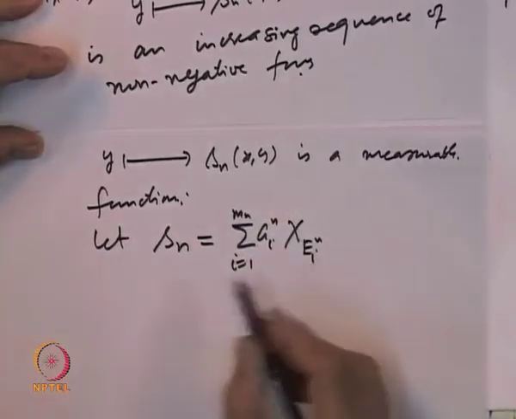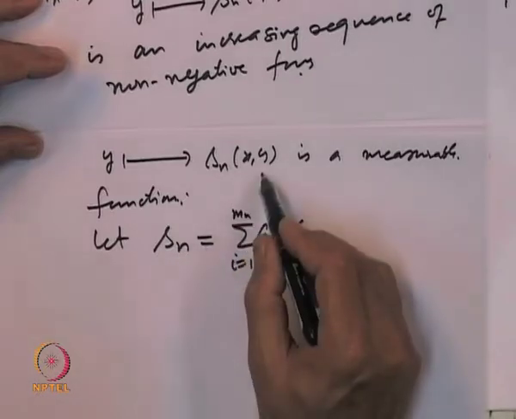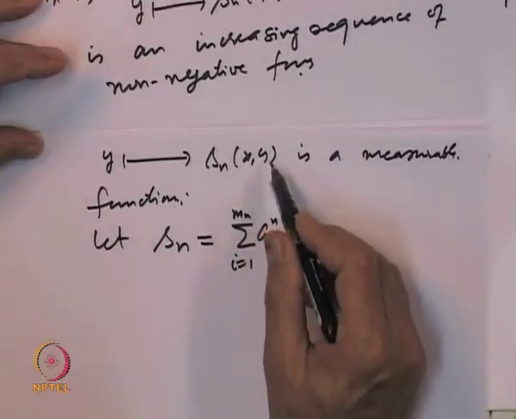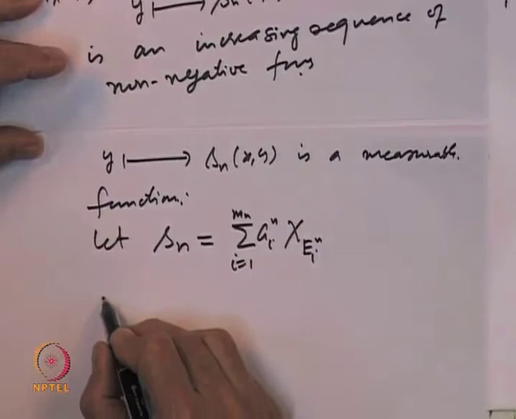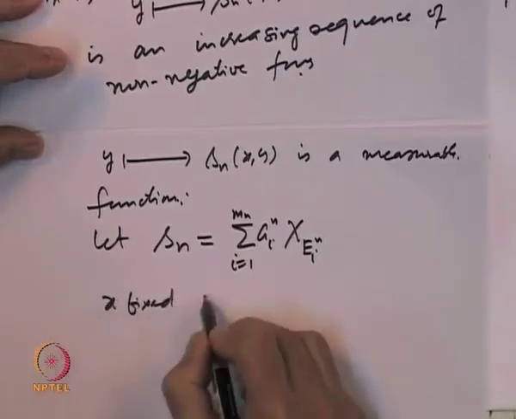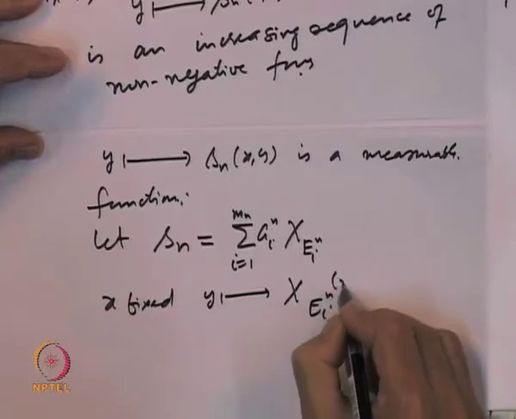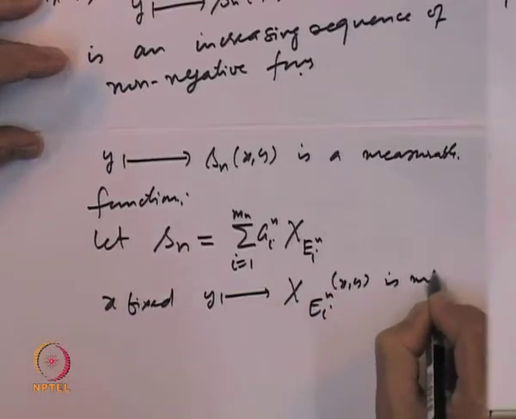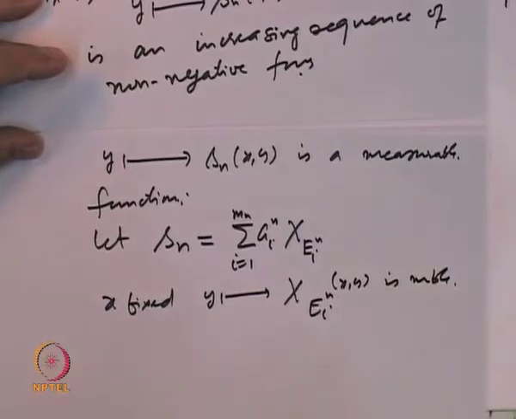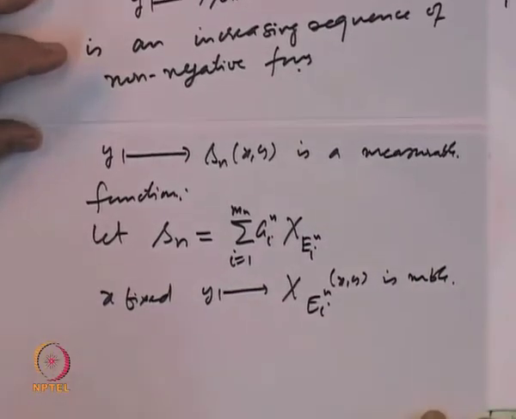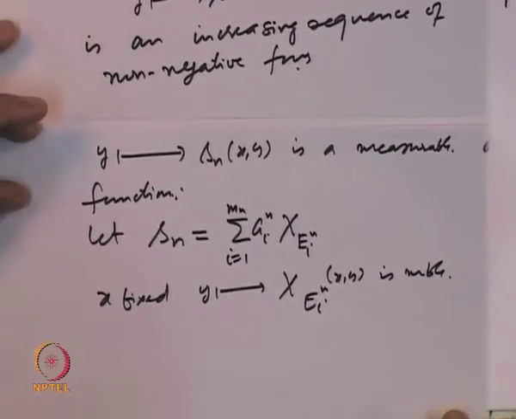Then for every fixed x, the function y going to the indicator function of E I n at x, y is measurable. That we have already observed while computing the product measure.